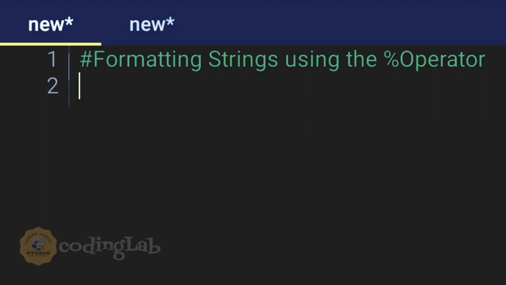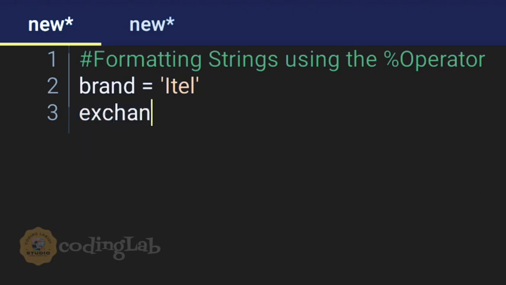We can say brand equals the string item. Now let exchange rate equal 1.234567.